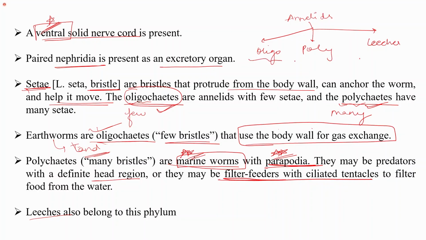Oligochaetes with few setae, not septa. There is a difference between the terms setae and septa. Please do not get confused with these terms. They might seem similar, but they are different. Setae are the bristles that are present on the surface. Septa are the segments. So if few setae are present, then oligochaetes. If many bristles are present, then polychaetes. And the third category is leeches.